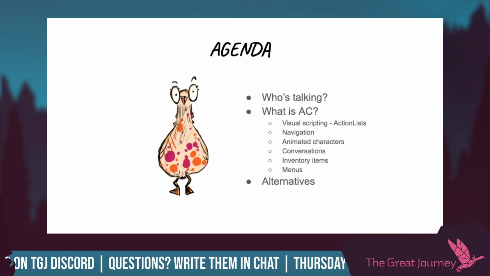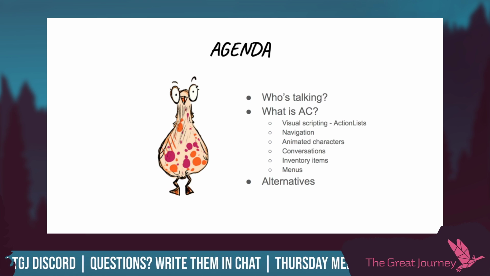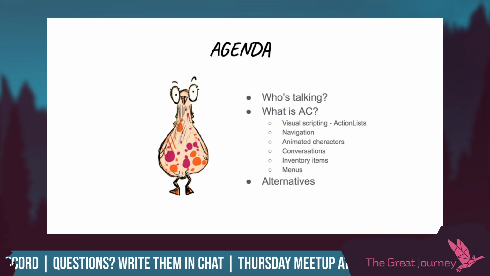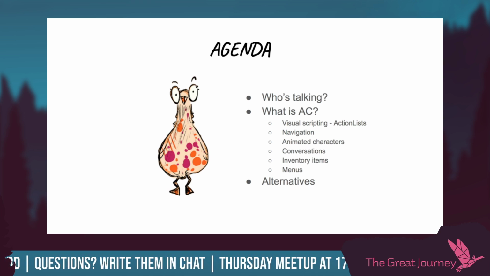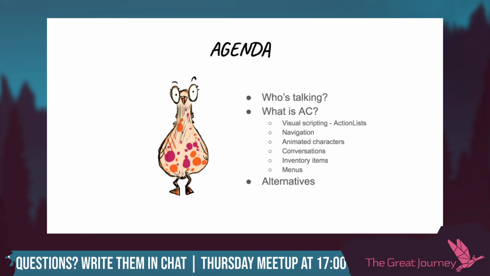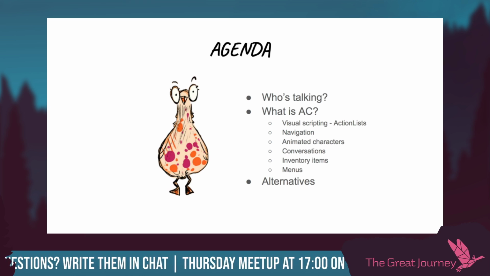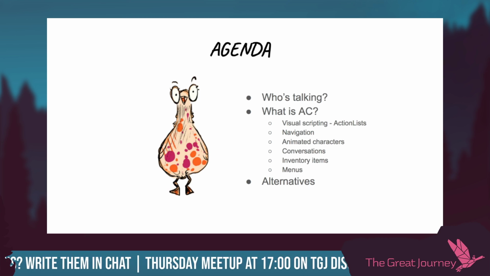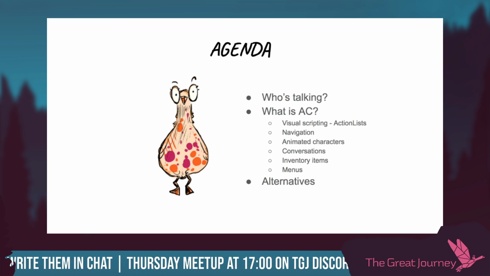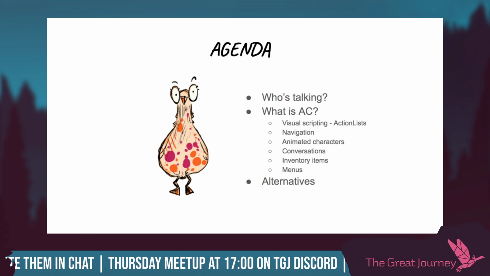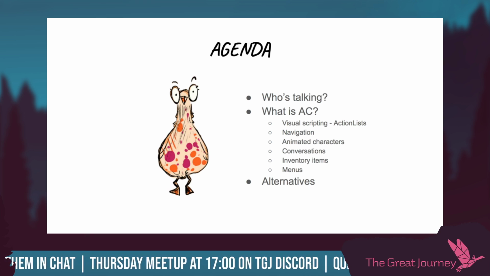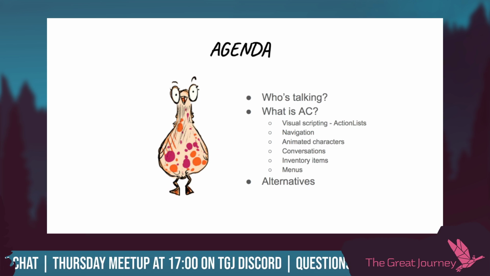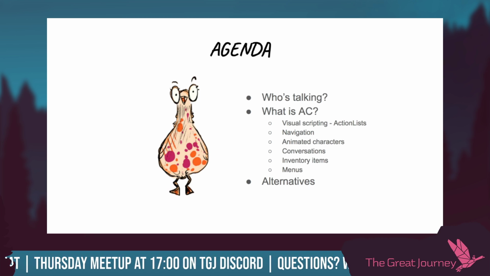So this will be the agenda for today. First, I'm going to tell you a little bit about who I am and who's talking. And then I'm going to explain shortly what is Adventure Creator and how does it work. So we're going to talk about visual scripting, how to navigate in game, how to create and animate characters, how conversations work, how we can set up an inventory and populate those with items, and also how in-game menus work with Adventure Creator.